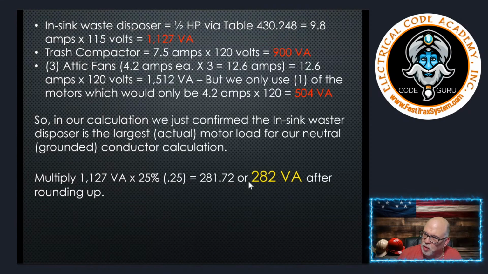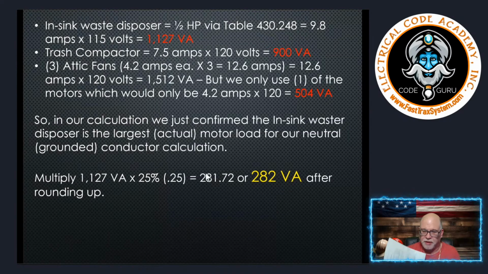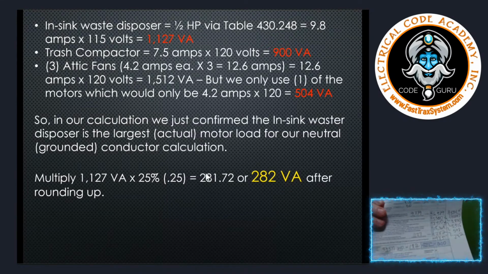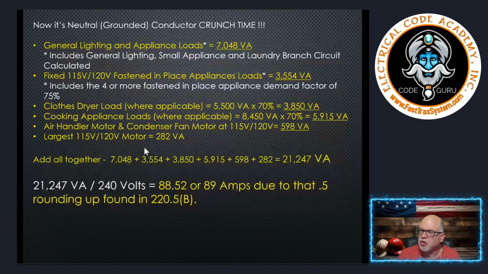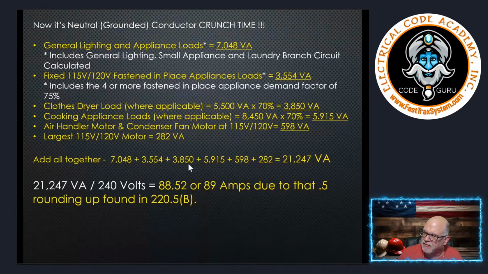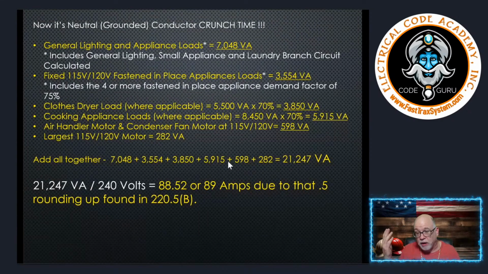The largest motor was the same as before, the in-sink waste disposer. That's where that 282 came from, and that is our value down there. So when it comes to the neutral, we're adding all of these neutral loads up. As you can see, we added everything up here, and that was 21,247. Obviously, we divide that by 240, just like we did before.